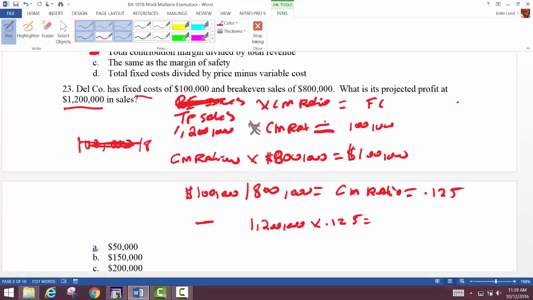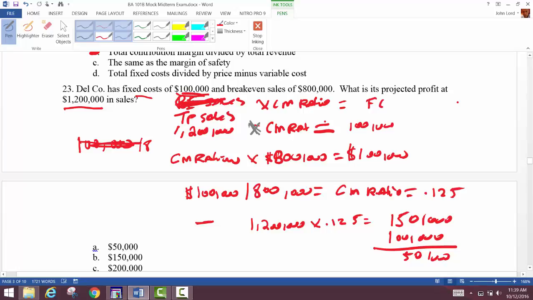That means that I'm going to get 150,000 of contribution margin, and they tell me my fixed costs are how much? Fixed costs are 100,000. So that means that my target profit must be 50,000.